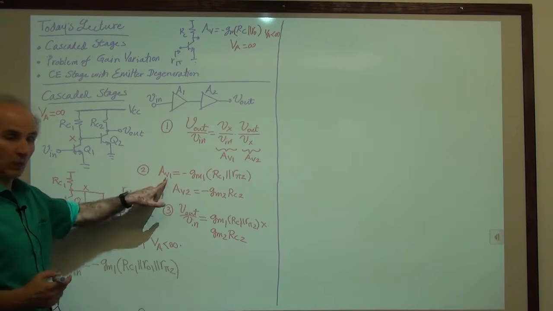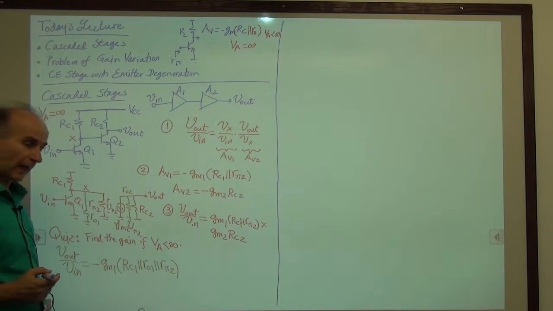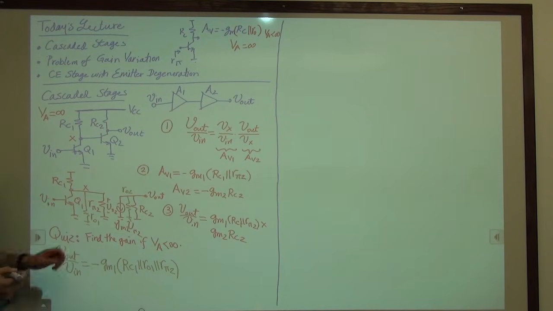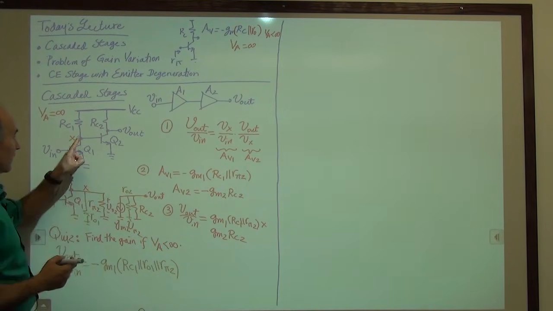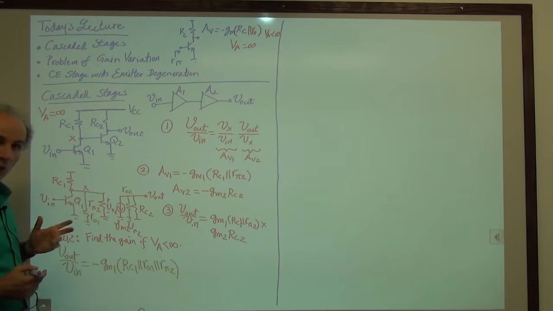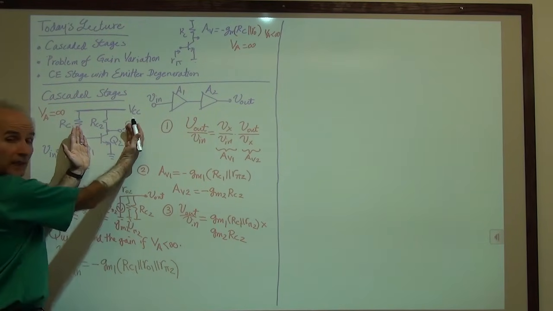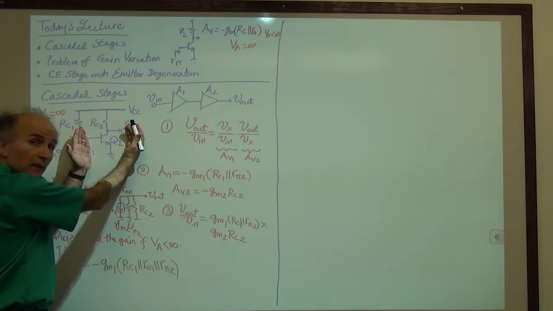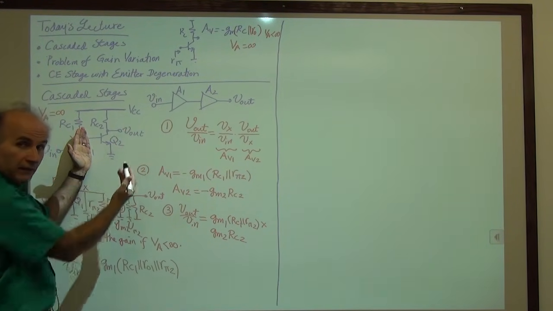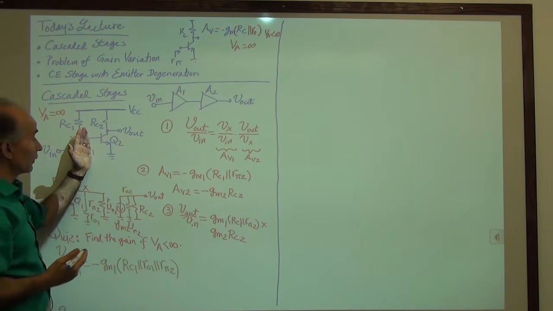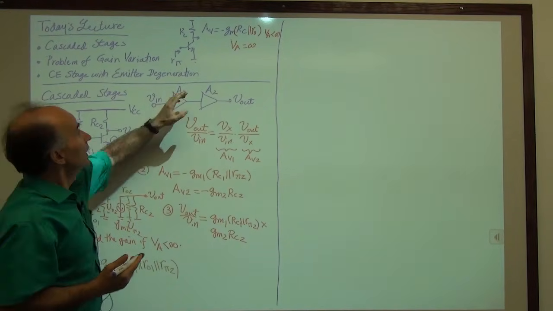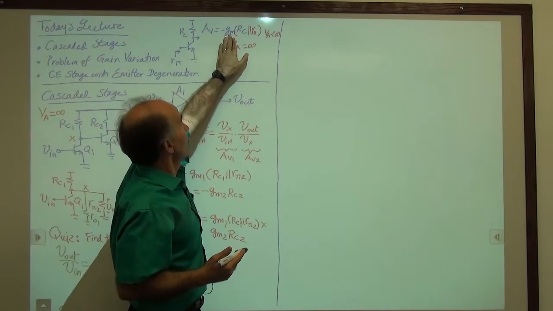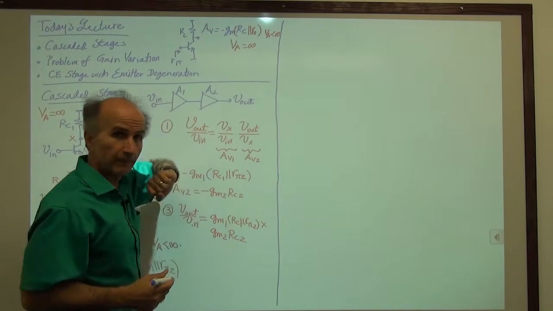That's what we call AV1. And then how about AV2? The gain from here to here. Well, this is a simple common emitter stage, but it must include RO2 because we are specifying that early effect is not negligible. So if it must include RO2, it must follow this equation, minus GM times RC in parallel with RO.